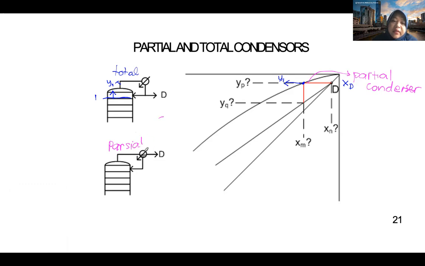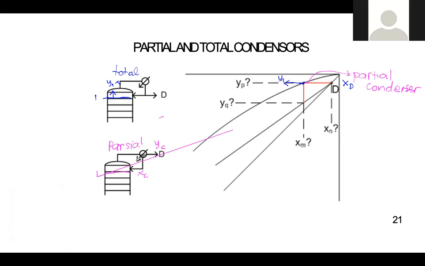These are your points. So this is the y of the condenser, and this would be x from the condenser. And if this is your stage 1, where is your y1 then? The second triangle, Bu. Yeah, okay, that's good.